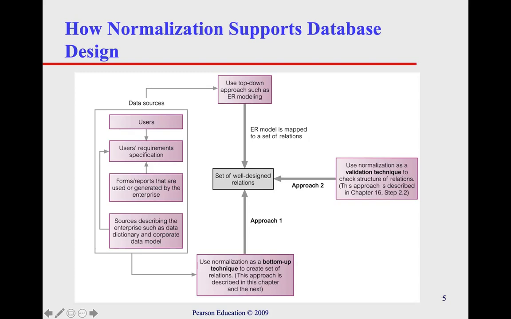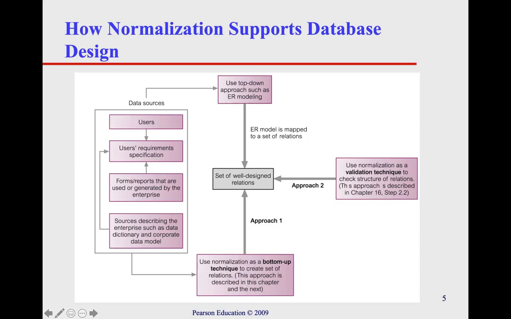And then there simply may be other sources of information about the enterprise, like reading their website, or they may already have existing file systems or an existing database, so that would give you information. All these things are inputs into the user requirement specification.